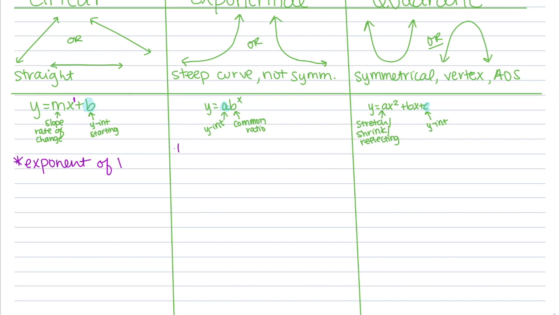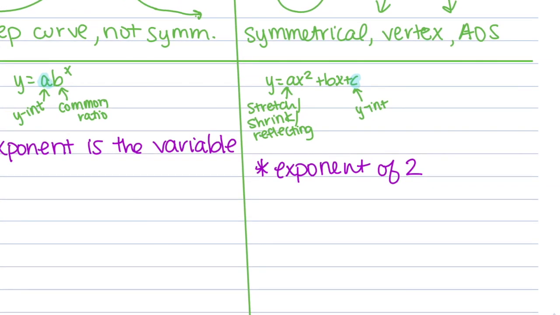The exponential kind of is given away in the title, so the exponent is the variable. And then for the quadratic, what sets this apart is that it has an exponent of 2. Zoom in, we have an exponent of 2.